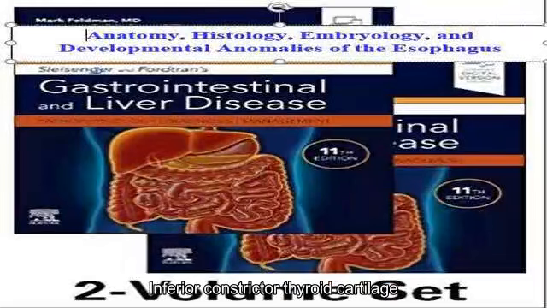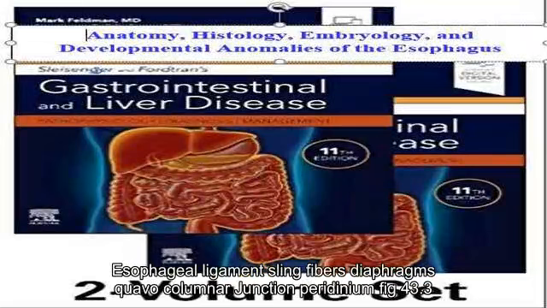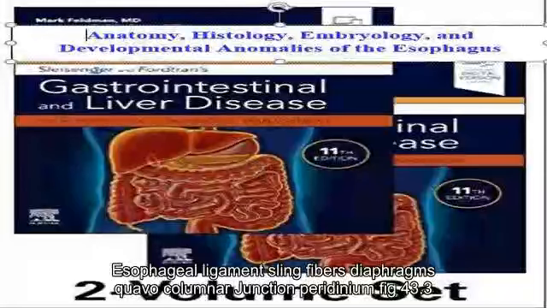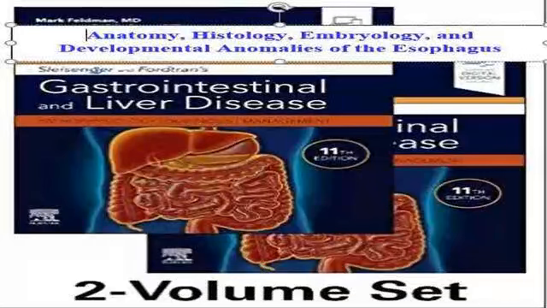Inferior constrictor, thyroid cartilage, cricopharyngeus, UES, trachea, proximal esophagus, pleura, phrenoesophageal ligament, sling fibers, diaphragm, squamocolumnar junction, peritoneum. Fig. 43.3 A. Anatomic detail of the UES and its relationship to adjacent structures.